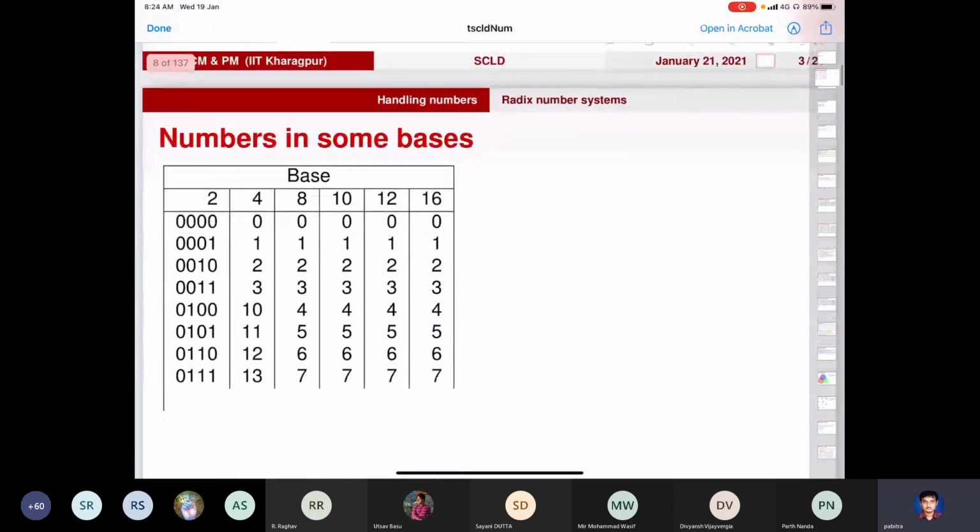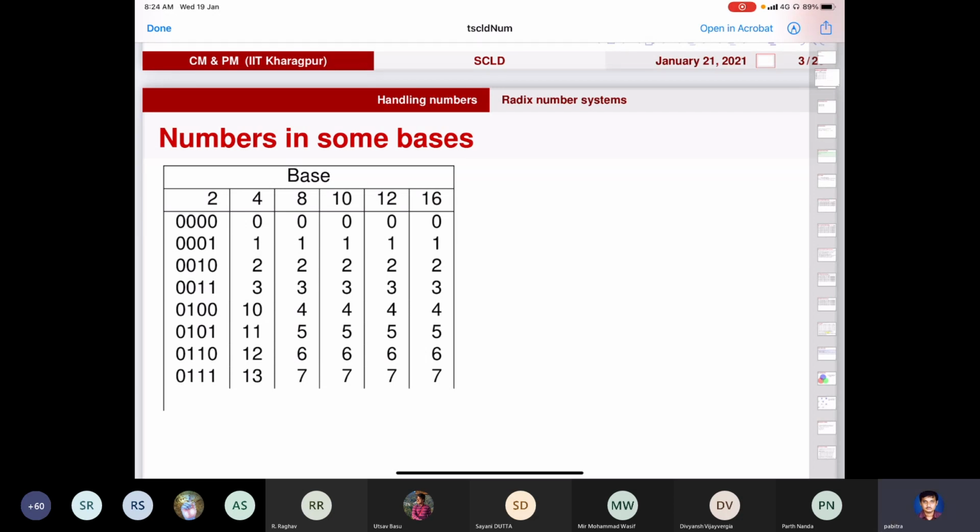Okay, so this chart will probably help you visualize things better. These are the integers, the first 8 integers, in different bases.